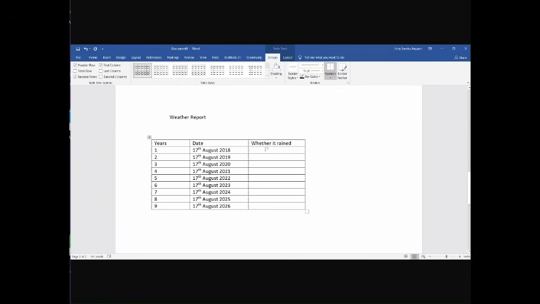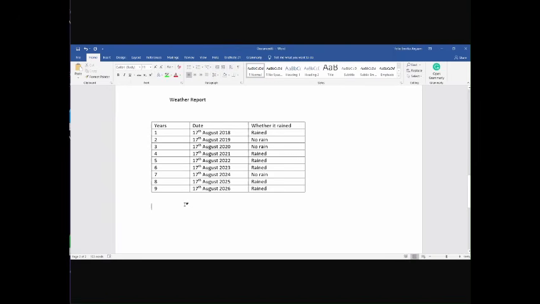So in 2018, it rained on this day. 2019 on this day, no rain. 2020, there was no rain on this day. 2021, there was rain. 2022, there was rain. 2023, there was rain. 2024, there was no rain. 2025, there was rain. And 2026, today, there was also rain.